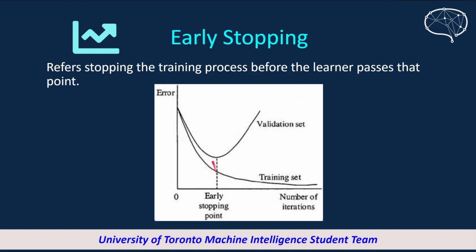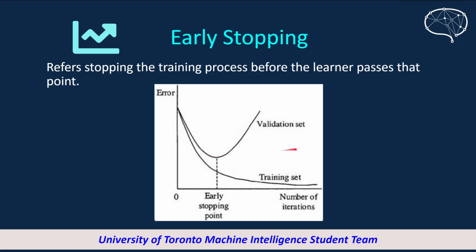So at first, the validation error will go down along with the training error, because the model is learning. The prediction is not random anymore. But after some point, you will see the validation error increase again. It will not be this steep usually. It will usually be a curve like this.